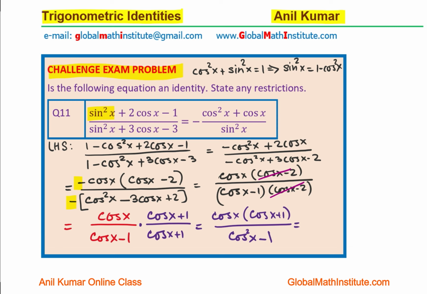Now cos square x minus 1 is minus sine square x, and the numerator gives me cos square x plus cos x, as we are expecting, right? So we get cos square x plus cos x in the numerator, and the denominator is minus sine square x. Do you see, this is equal to the right hand side, correct? So this is in fact an identity.